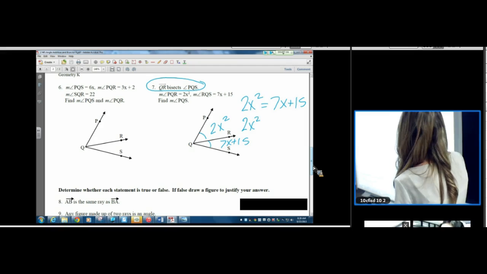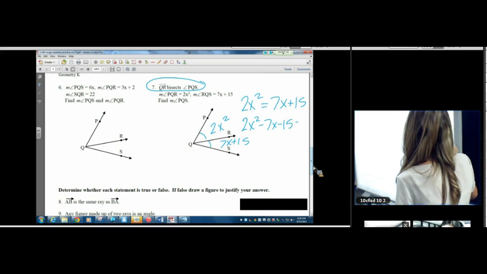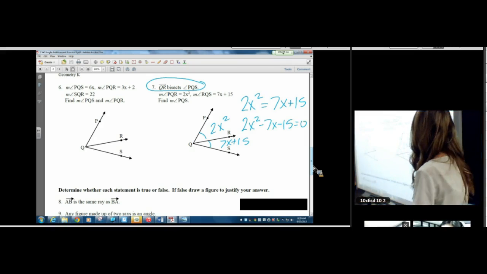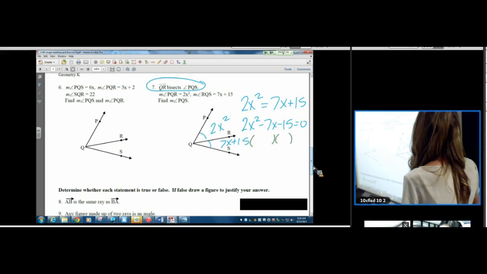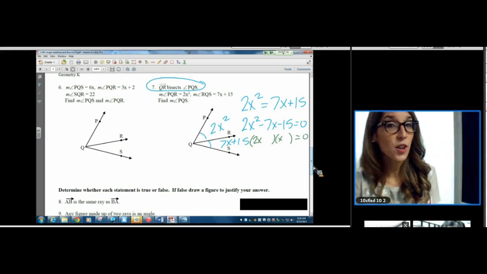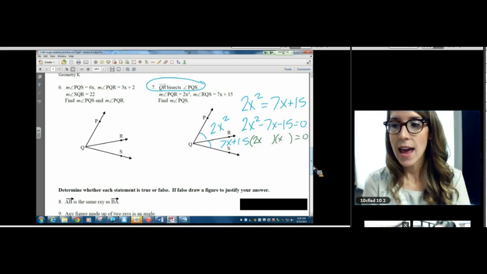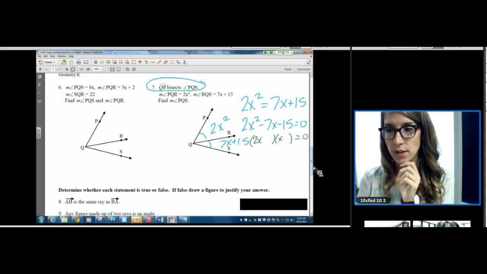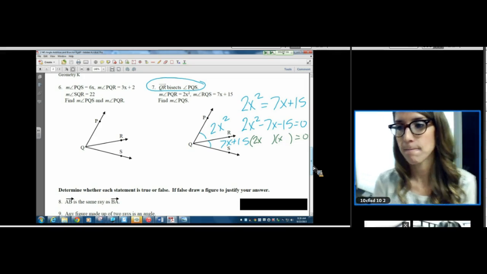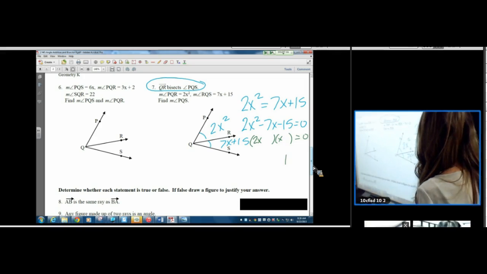Then you bring everything to one side, because that's what we always do when we factor. You get your parentheses ready, 2x and x, because honestly that's our only choice when we have a quadratic with a leading coefficient, 2x and x. Okay, so we need things that multiply to get 15.